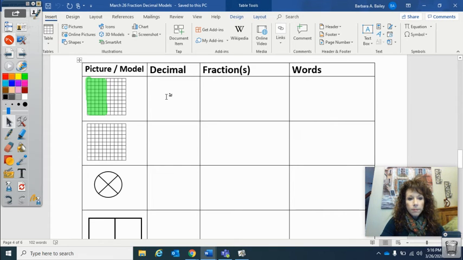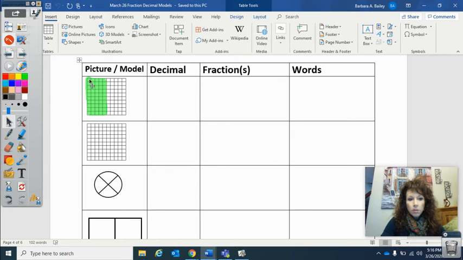For my decimal, we know that this is 1, not 100. So how many little blocks did I color? My 1 is divided into hundredths, 100 little tiny blocks.